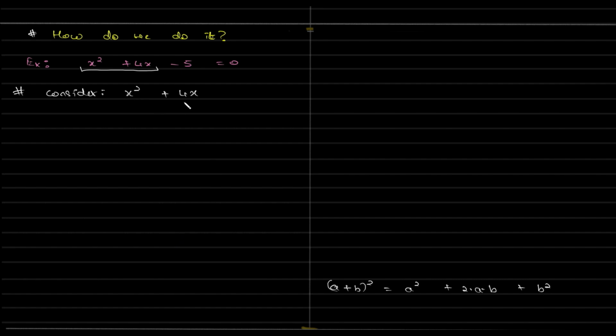Okay, so I want to convert from this to this, right? So now to convert that, we have a square plus this will be my 2ab. So let me write 1x the whole square plus, 4x I'll write as 2 into a, which is 1x, into what is left out. 2 into 1 into 2 will give me 4.